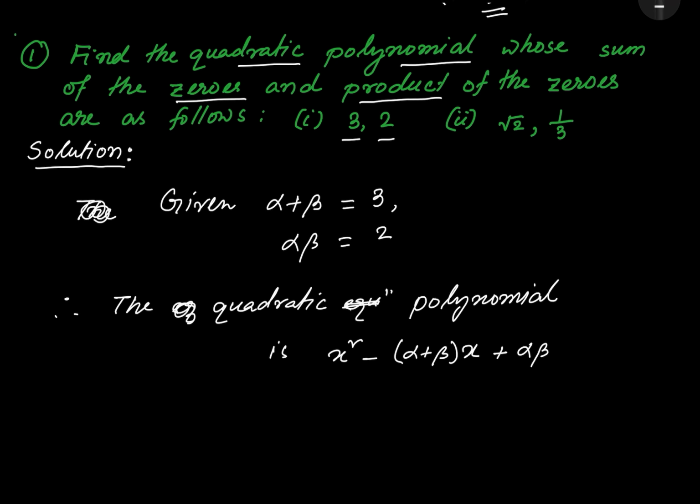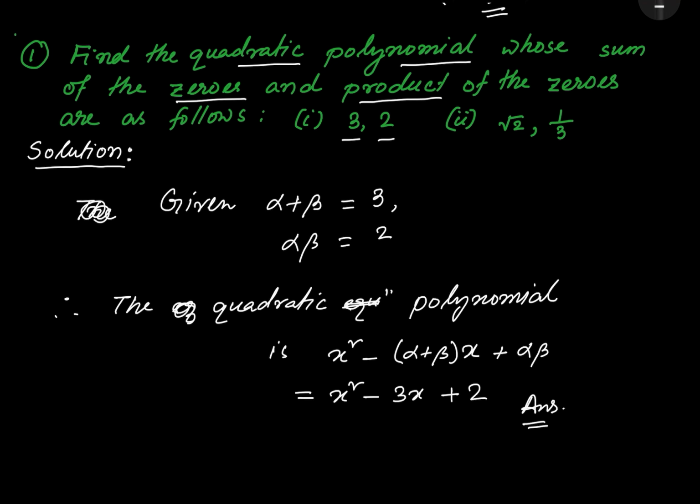This is the formation of quadratic polynomial. So in place of alpha plus beta, put the value 3, and alpha beta it is 2. This is the answer, because both sum of the zeros and product of the zeros are given in integer form.